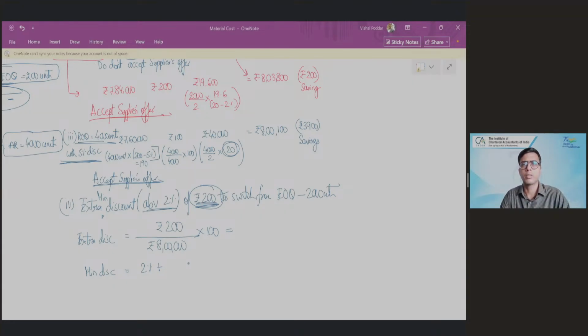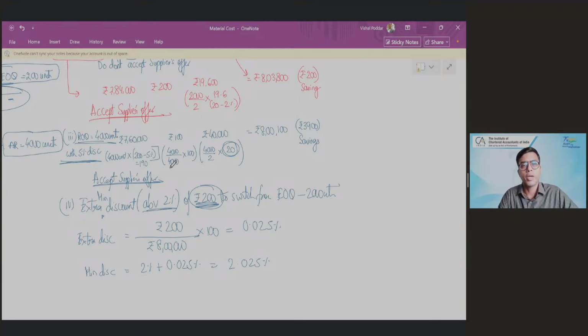Correct. Yes, Neeraj. Correct. Correct, Krishna, Harsh, everybody. Correct. So it is 0.025%. So the minimum discount that I will want if I want to switch from EOQ to your 2000 quantity option is 2.025%.